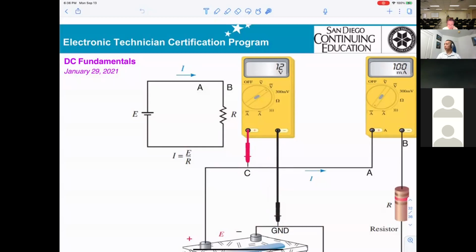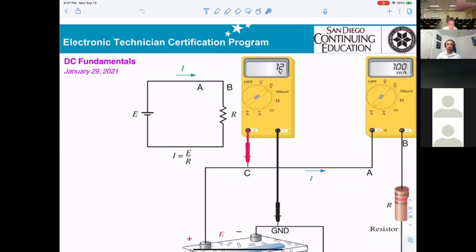But when you measure the current, the positive on the current meter connects to point A, and the negative is connected to point B. What that means is you break the wire here, and positive connects to A and negative connects to B. Let the current flow through the meter and go back to the power supply.